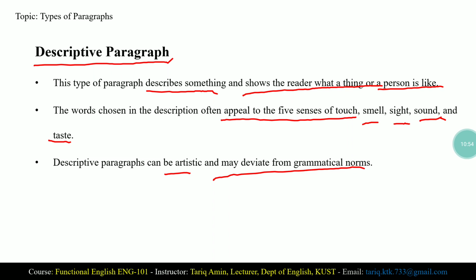For example, you have your friend Asim, and you describe Asim that Asim is tall, he has black eyes, and you can describe him by using many other types of sentences, so that the combination of all those sentences would make a descriptive paragraph.